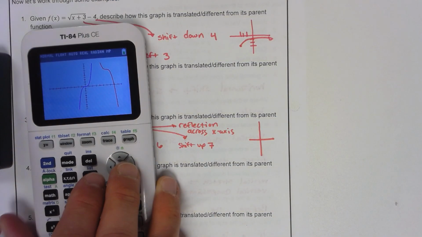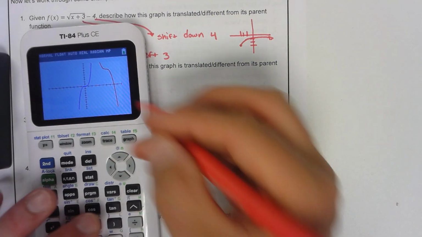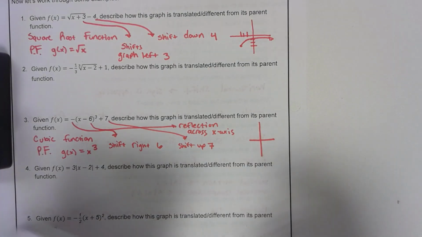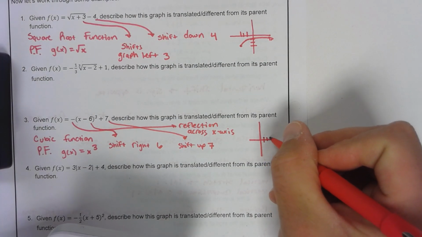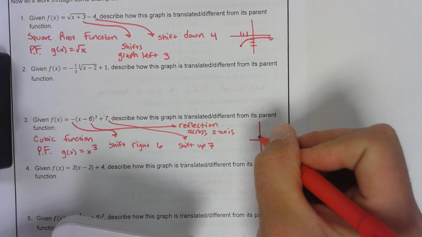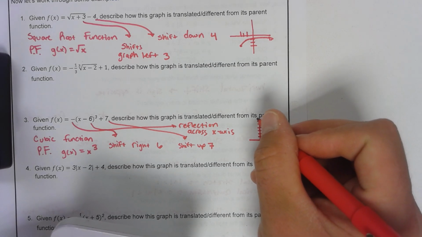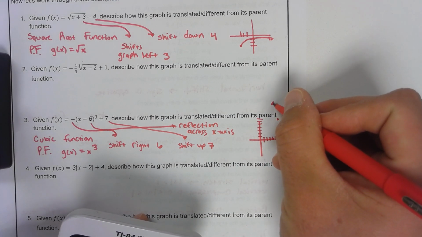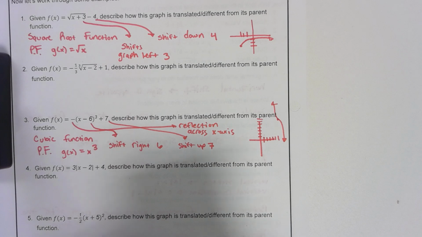So what I want us to do on our sketch is just sketch the new function, which is right 1, 2, 3, 4, 5, 6. It's up 1, 2, 3, 4, 5, 6, 7. And then just a quick sketch for what the shape looks like. It does not need to be perfect.